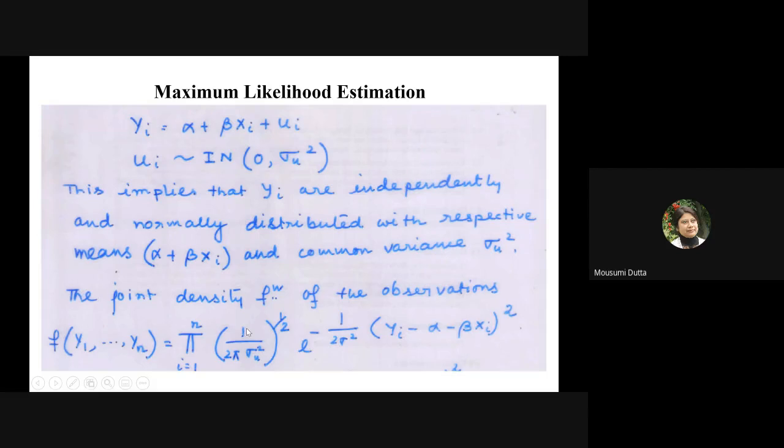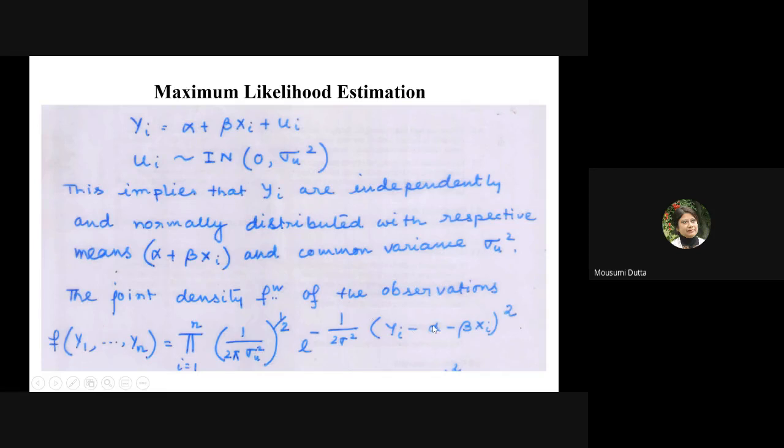So I am writing 1 by sigma root over 2 pi, e to the power minus 1 by 2 sigma square, because the variance is sigma square. Then xi minus mu I am changing to yi minus alpha minus beta xi, because alpha plus beta xi is the mean.